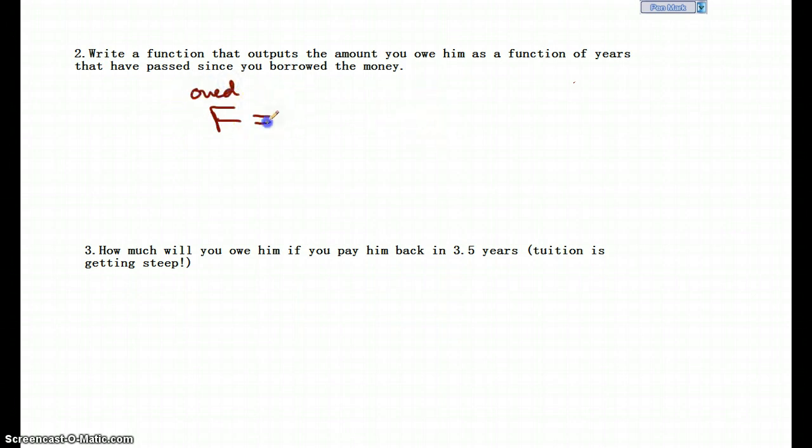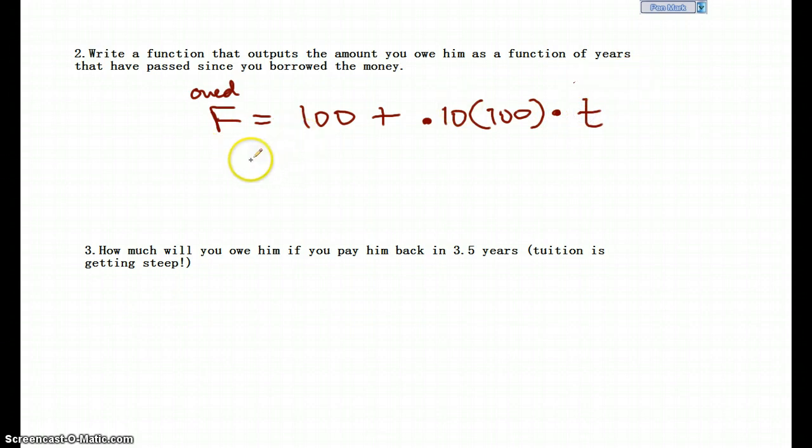So the amount owed is determined by the principal, which is $100, plus the rate at which you're paying interest, times the base amount, the principal, multiplied by the number of years that have passed. So in other words, this would simply reduce down to 100 plus $10 times the number of years.